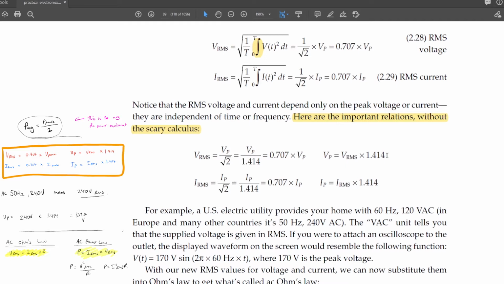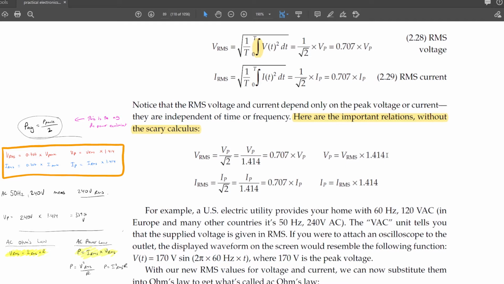So let's say we had a voltage RMS, an average voltage from a DC supply of 12 volts. Times that by 1.414, and that means the peak voltage is 16.968 volts.